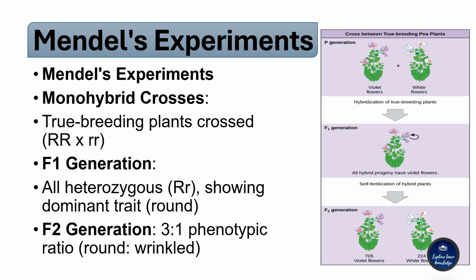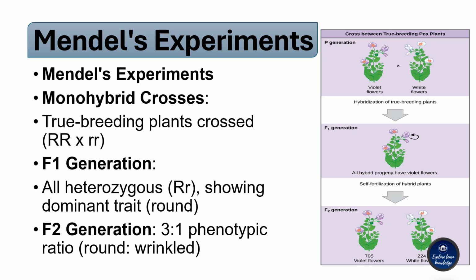The first generation, or F1 generation, consisted entirely of heterozygous plants, capital R with a small r, all displaying the dominant round seed trait.